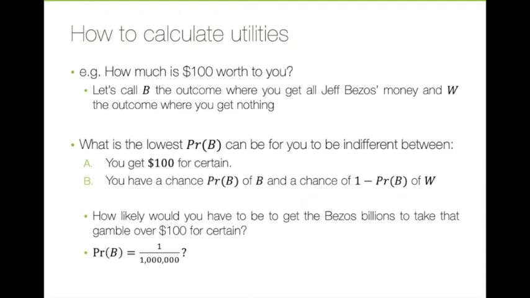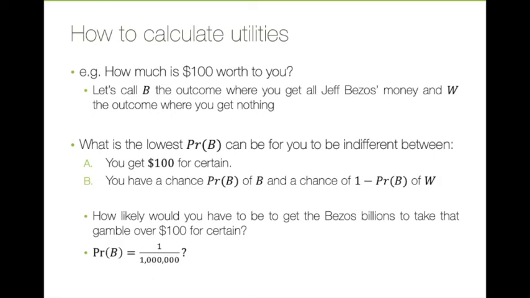Chances are that the probability could be pretty low. $100 is a decent amount of money, right? It could pay for a good amount of groceries, for example. But the gamble gives you a chance to get more money than you could basically ever spend. So we have to figure out some probability that makes you indifferent between just getting $100 and making the gamble for Bezos's money.